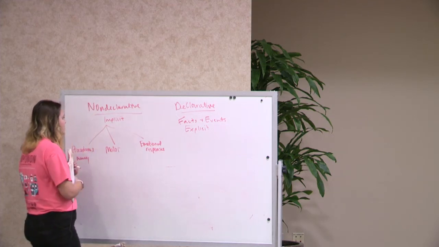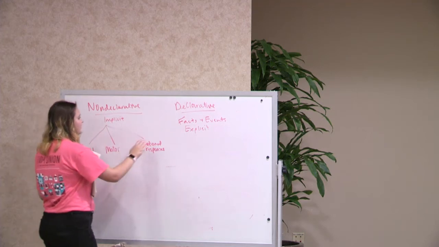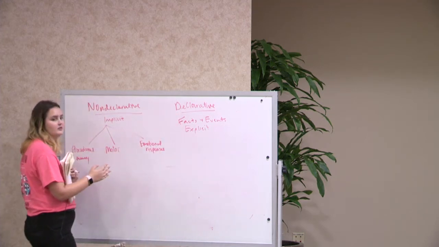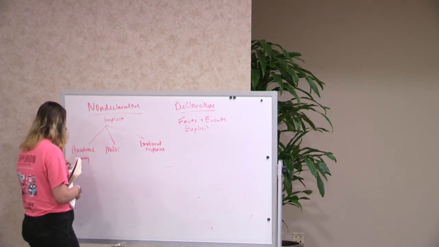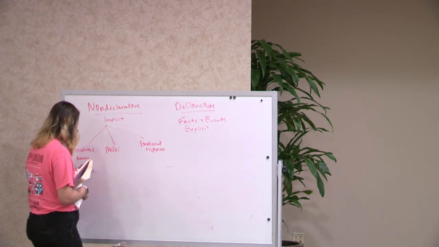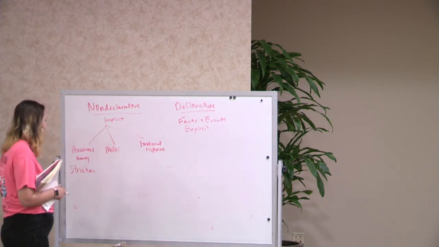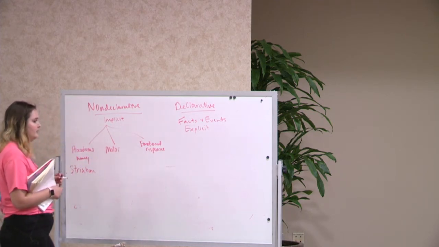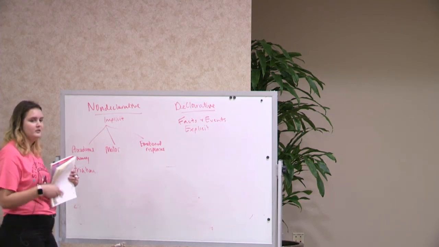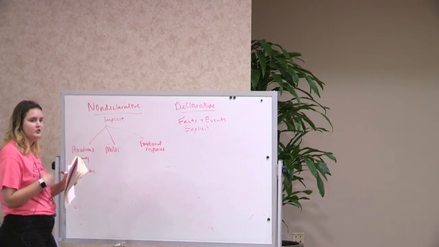So in each part of non-declarative and declarative, there's different parts of the brain that correspond to those. So for procedural memory, it's located in the striatum. And I always remembered that because, again, procedural memory is like learning an instrument. So it's like strumming a guitar. It's in your striatum.